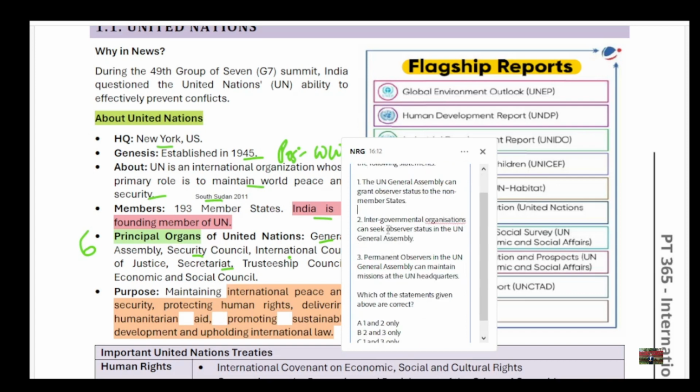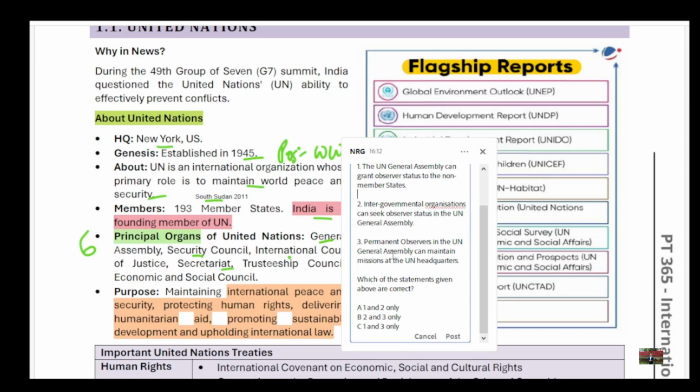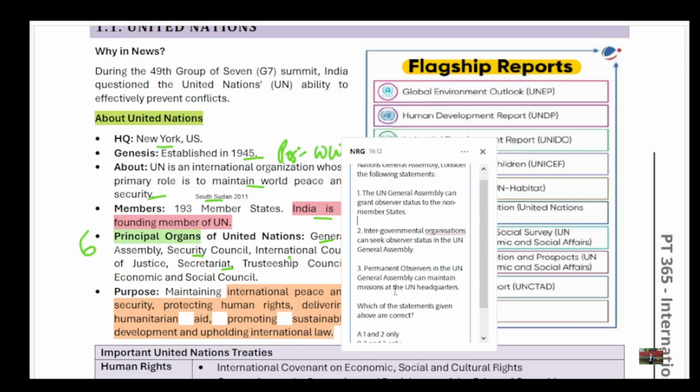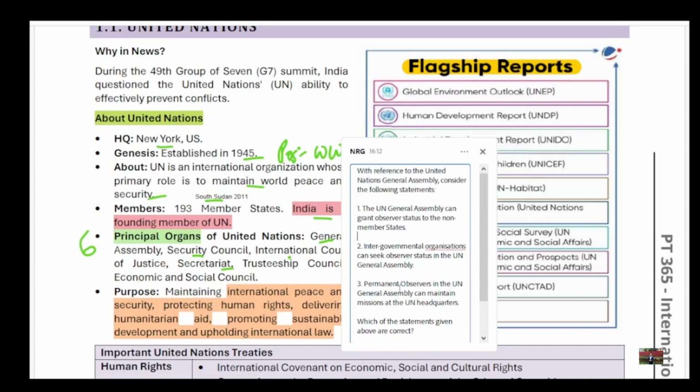Second, international intergovernmental organizations, that is IGOs, can seek observer status in the UN General Assembly. Third, permanent observers in the United Nations General Assembly can maintain a mission at the UN headquarters. Which option is correct? The correct answer is, of course, that all three statements are absolutely correct.